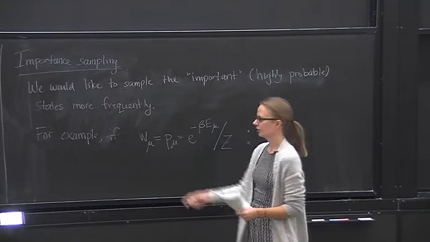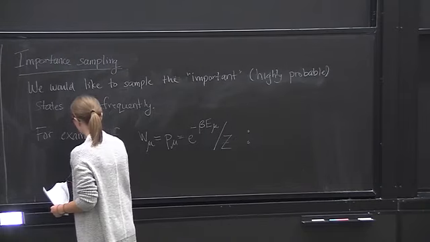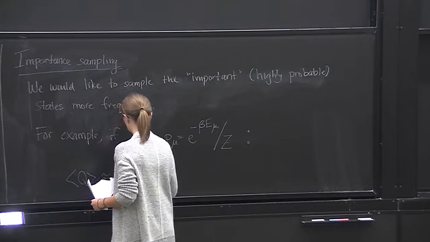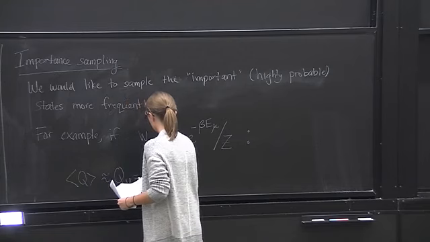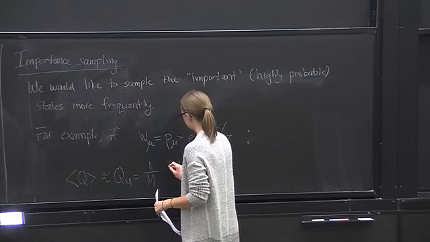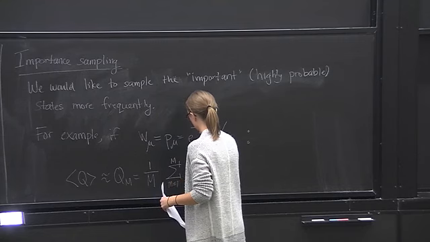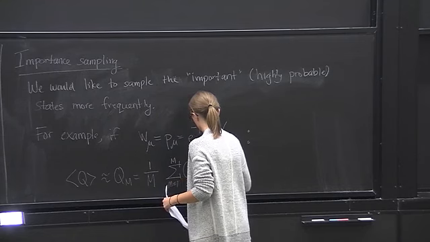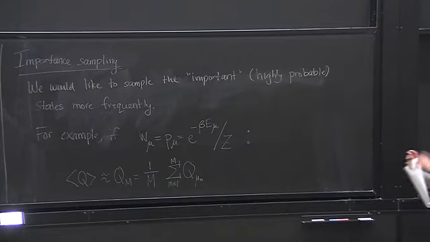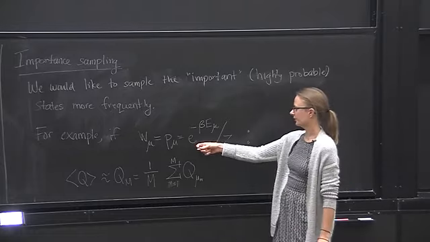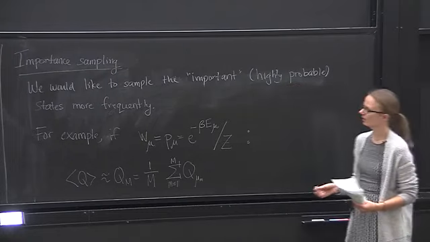And in this case, you can show that this formula takes a much simpler form, where all that I have to do is take the average of this observable quantity over all of my states, if they're really sampled independently from this distribution.